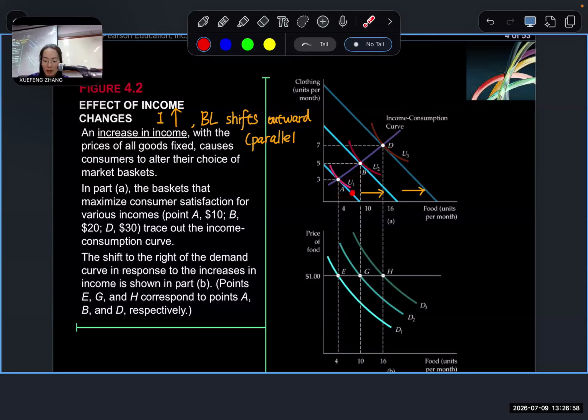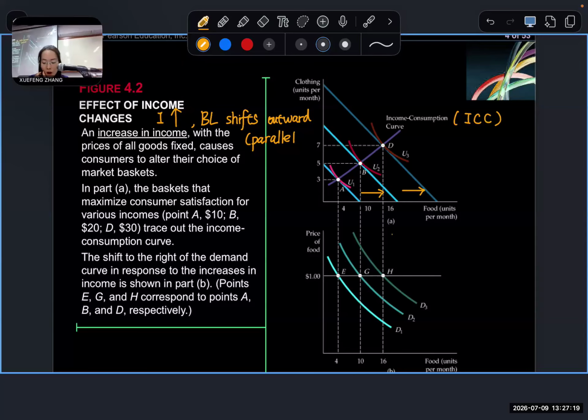So we have A, B, D. If we connect all the optimal points, we get the income consumption curve. This is the income consumption curve, in short, ICC.